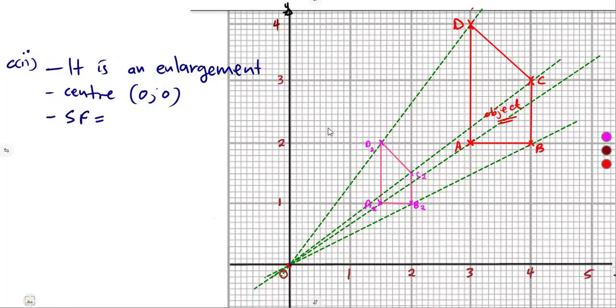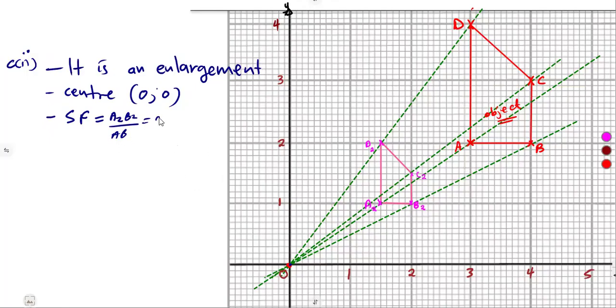So the scale factor, we already calculated this when I was taking the image line corresponding to the object, the image to the object. We talked about that and we obtained what? 0.5. We can even use A2B2 over what? AB.